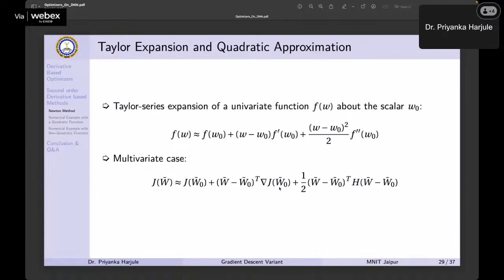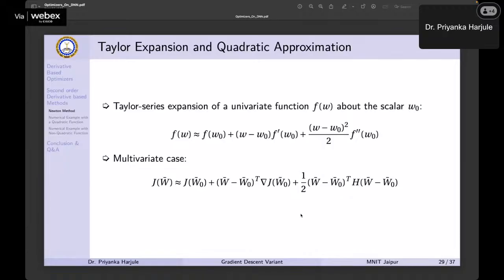The Hessian is computed at w naught bar. Here the parameter vectors w bar and w naught bar are d-dimensional. This is a quadratic approximation.